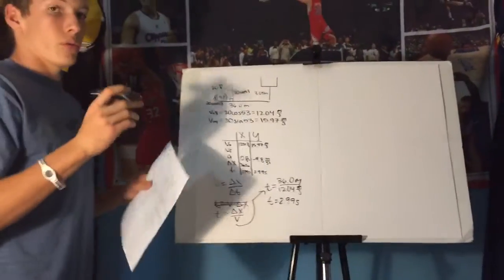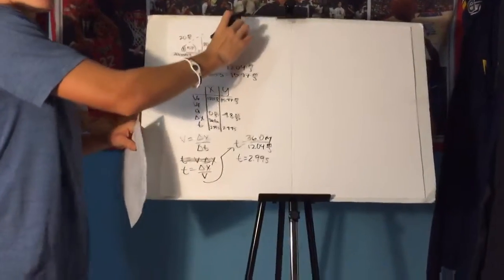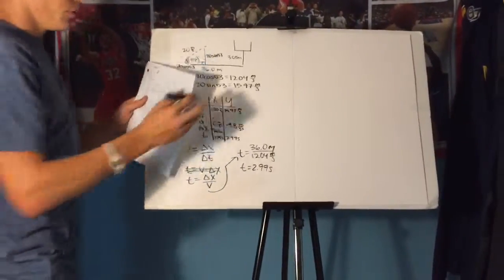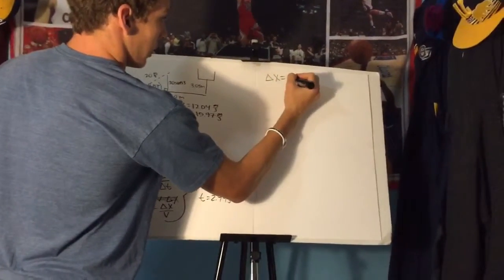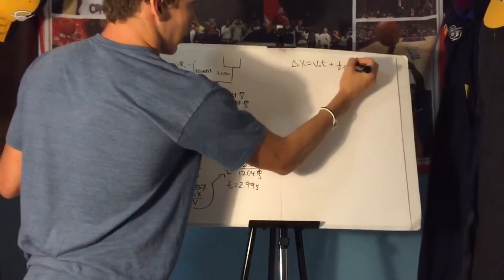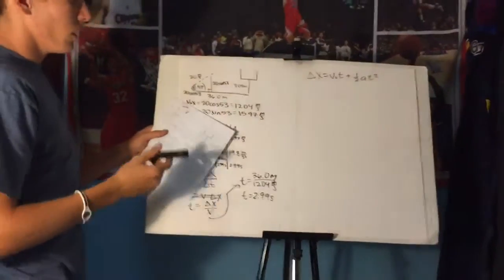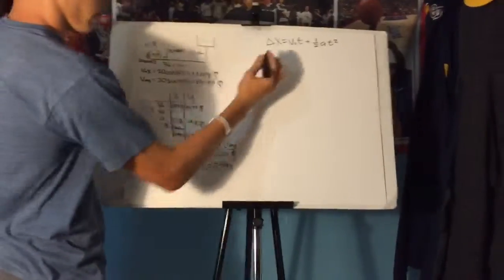Alright, so now that we have this, we're going to determine how high the ball is when it crosses the goalpost. So we're going to use the formula delta x equals v initial t plus 1/2 acceleration times time squared. This is in the y direction, so we're going to use this initial velocity.